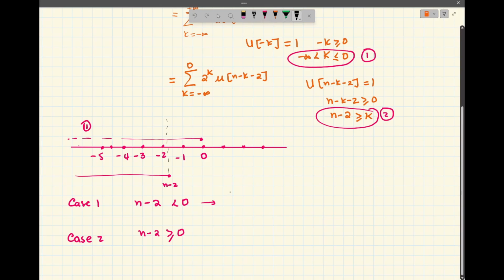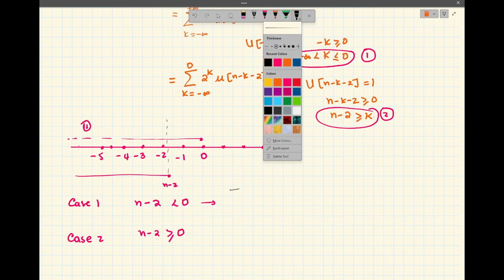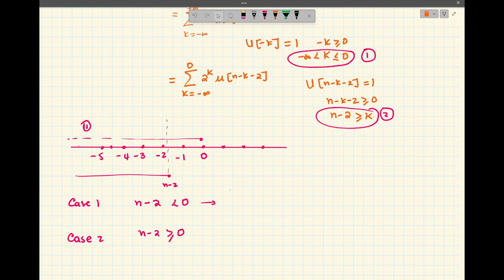So the intersection is sum k from negative infinity to n minus 2, because that's where the overlap happens. Okay, so 2 to the k.